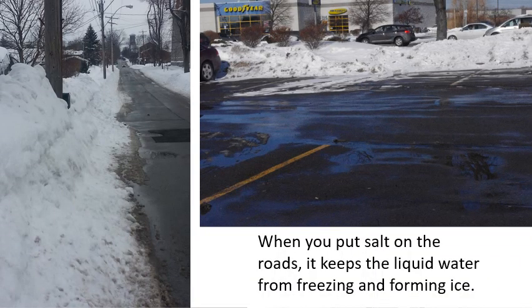Now, one thing they do up north is they put salt on the roads. They have trucks that come around and spread salt on the roads. And what that does is it makes the snow melt, and it keeps the water from freezing, because salt water doesn't freeze at the same temperature. It doesn't freeze at 32. So this picture over here, the temperature was like 19 degrees or 20 degrees.